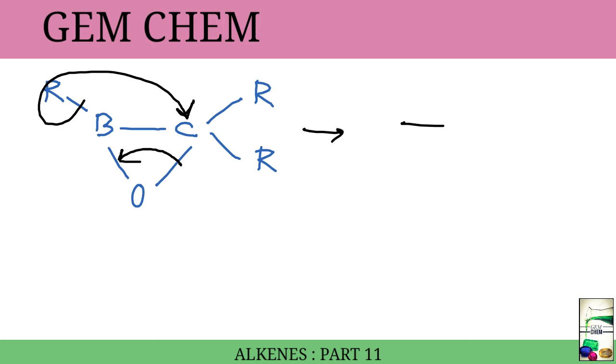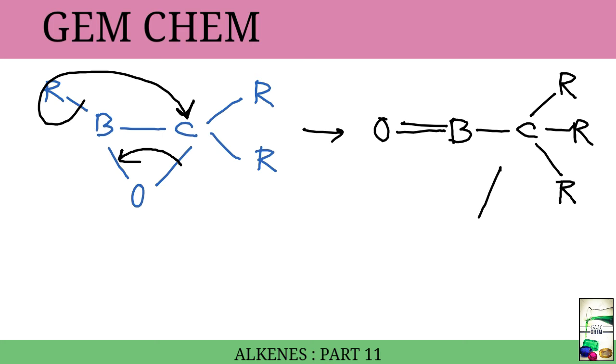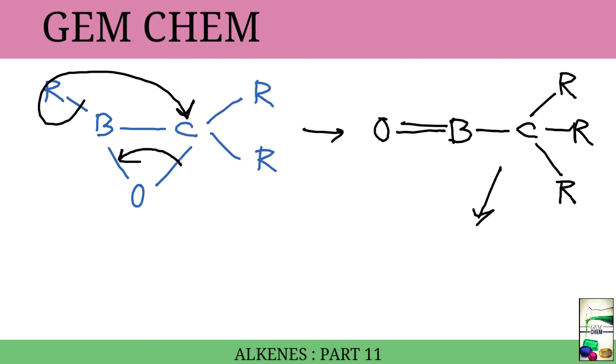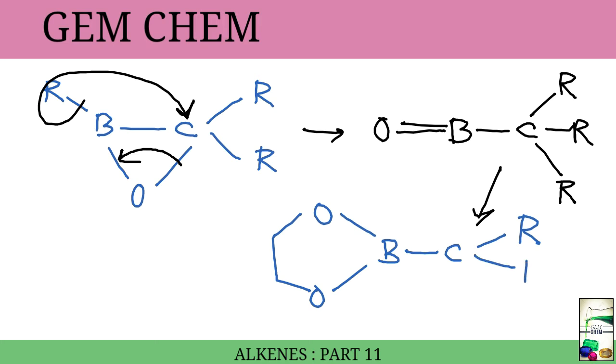So ultimately we get B double bond O and this one C R R R, and this one comes here as if like this, O, C R R R. Now this portion, where it is coming from, if you understand it carefully, one oxygen is present here and there is lots of presence of oxygen in OH minus and H2O2.